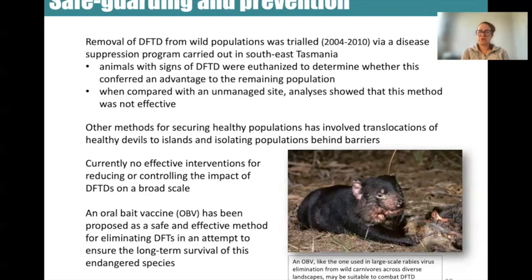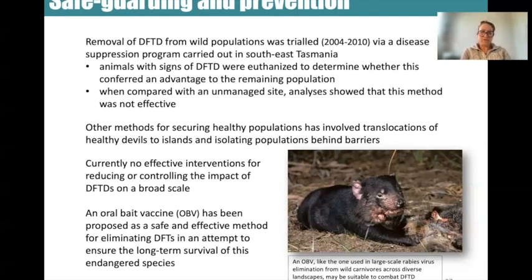Other methods for securing healthy populations have involved translocations of healthy devils to islands and isolating populations behind barriers. But again, fairly laborious and smaller scale control or removal.